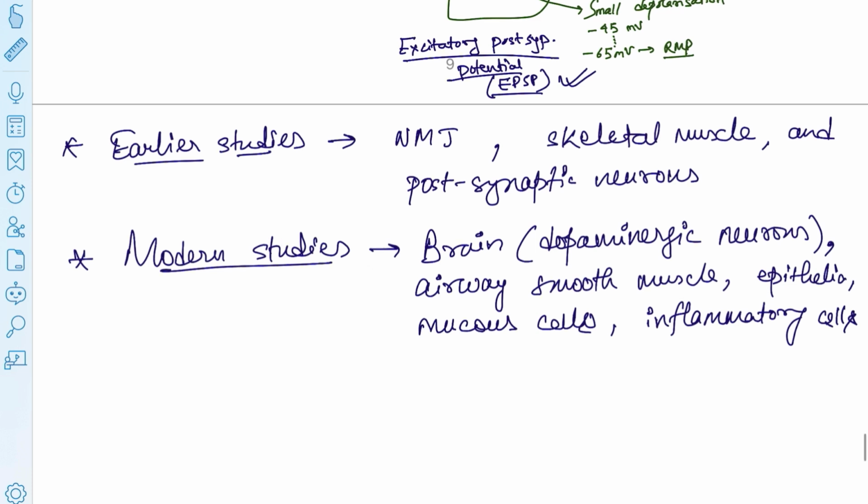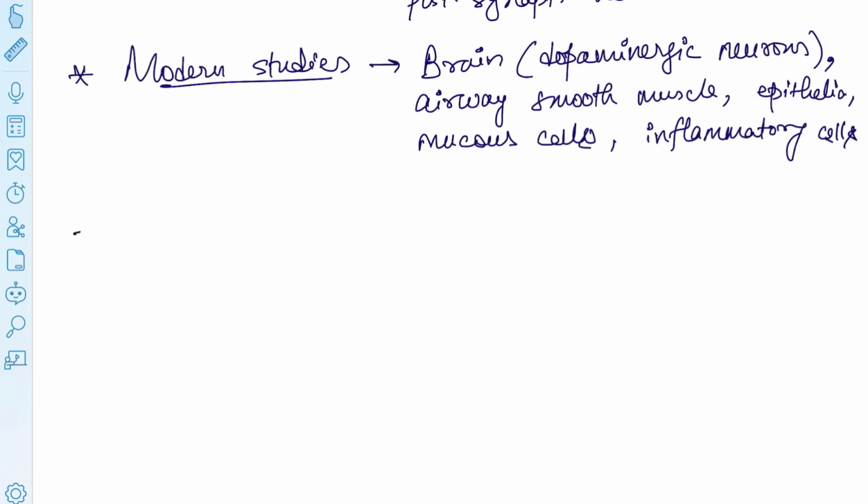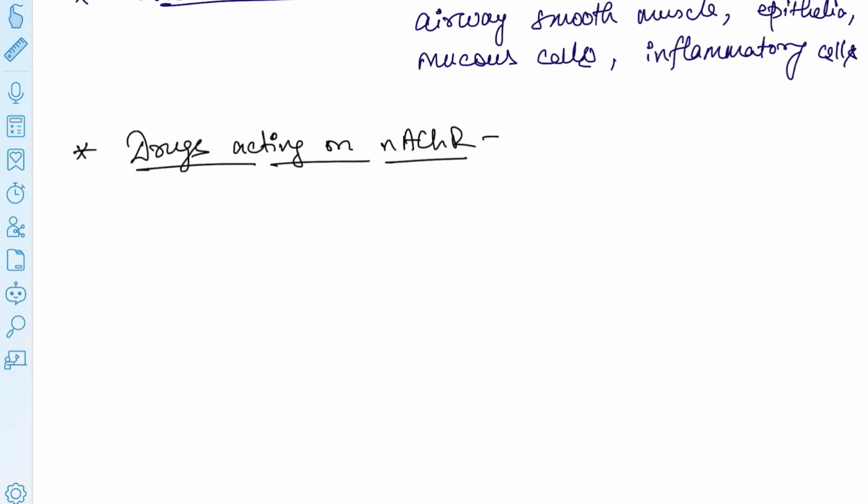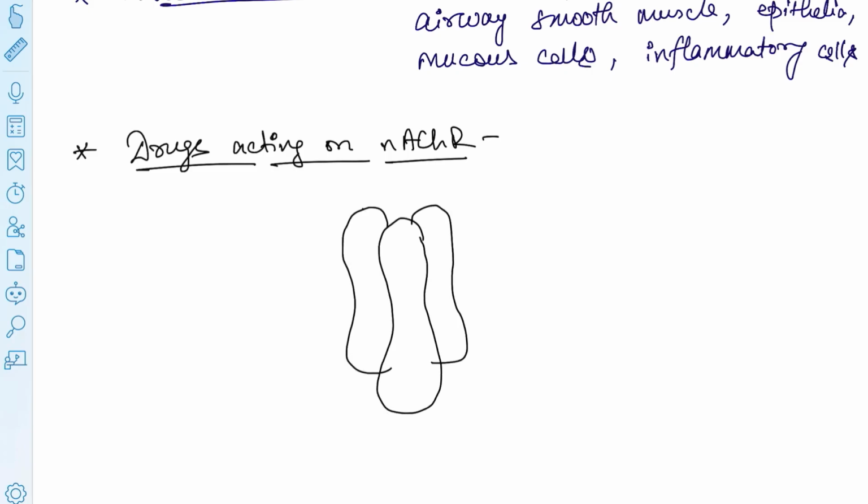Finally, we have to discuss the drugs which act on these particular nicotinic receptors. There is a wide variety of agonists and antagonists that can work on these nicotinic acetylcholine receptors in order to elicit some response. As I have made this diagram quite several times, you might know what this is.